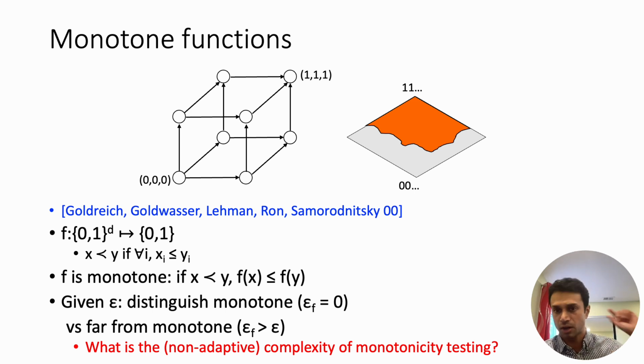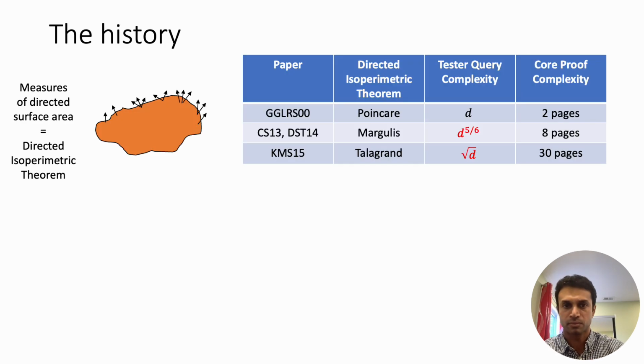It turns out that these routing questions that I talked about are intimately connected with this question. So if you look at the history of monotonicity testing, the first GGLRS paper gave a tester with complexity d, which is the dimension. And the core proof basically is about 2 pages long.